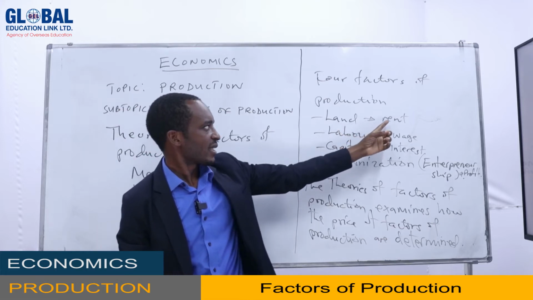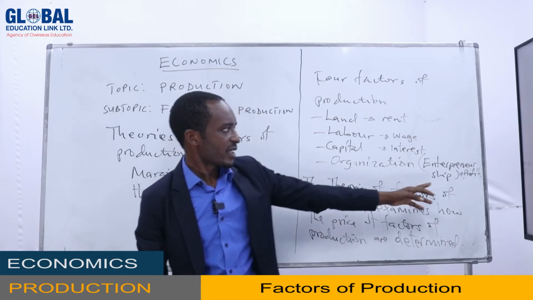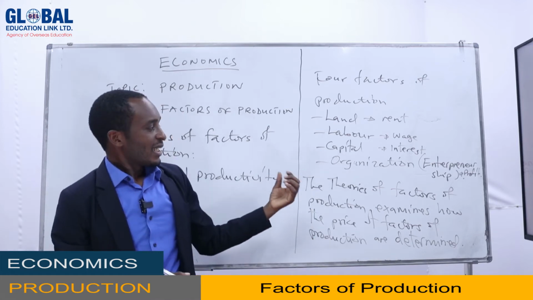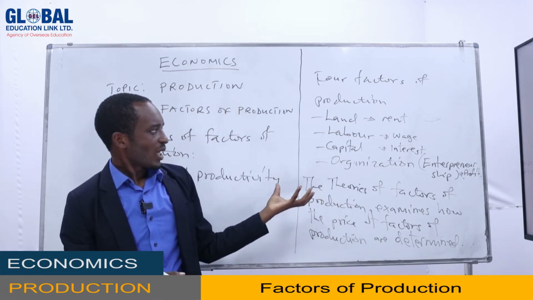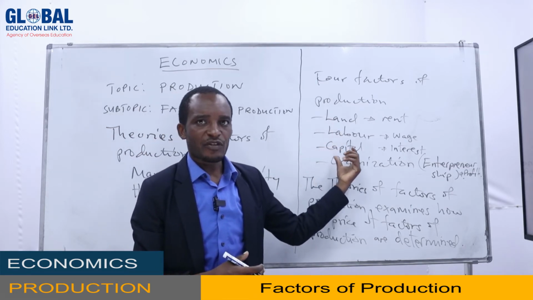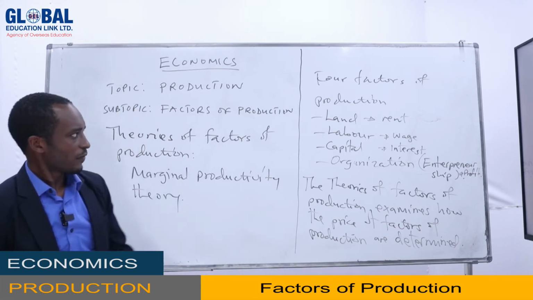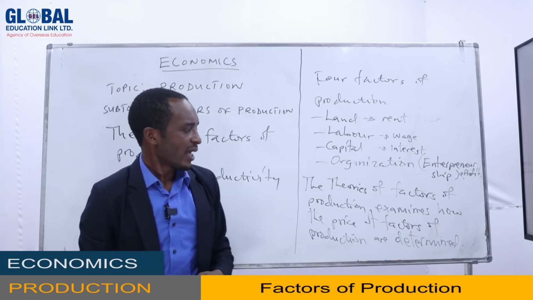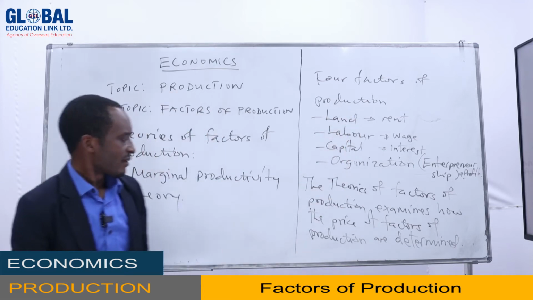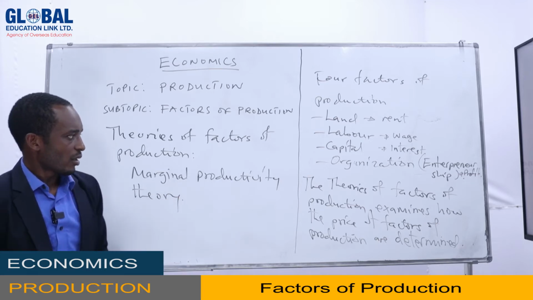The land is rent, labor is wage, capital is interest, and the organization is profit. Now, let us see how firms or economists determine the price of these factors of production by considering the marginal productivity of the factor. How a firm will determine the price of these factors by using this theory of marginal productivity of a factor.